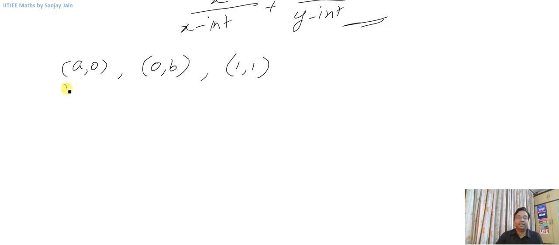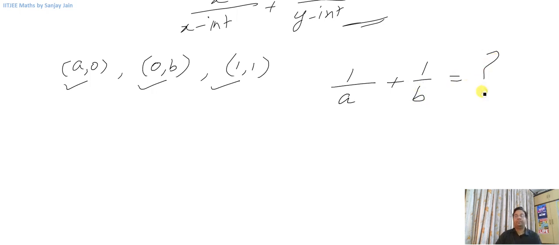There is a line that passes through these 3 points, and we were to find the value of 1 by a plus 1 by b. This was the question that was asked.